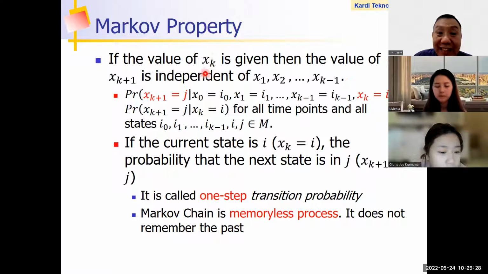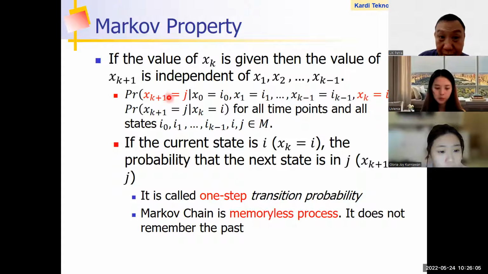If the value of xk is given, where k is the time, then the value of xk plus 1 is independent of previous values, even from 1 up to k minus 1; you forget about this. So we put this into probability. Look at the notation here. I put the probability of xk plus 1 equal j, given a sequence starting from x0, x1, and so on until xk.